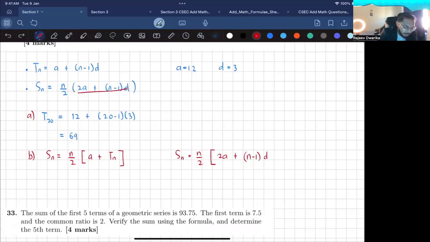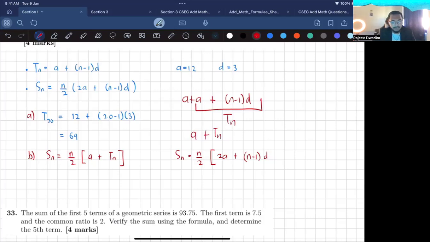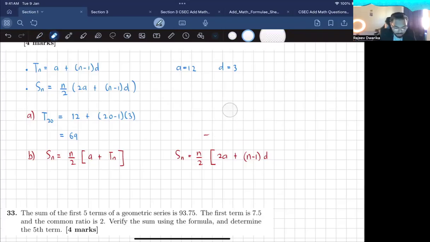Like it really is 2a, and I can write 2a as a plus a. Yeah. And then if I do that inside the brackets, I will have a plus n minus 1 by d. And so I could group this together, and that'll be T of n. And so that's how you get the a plus T of n formula. Oh, yeah. I understand. So they're equivalent. Quick maths to show you it's equivalent. Quick maths. All right. So let me verify both formulas.